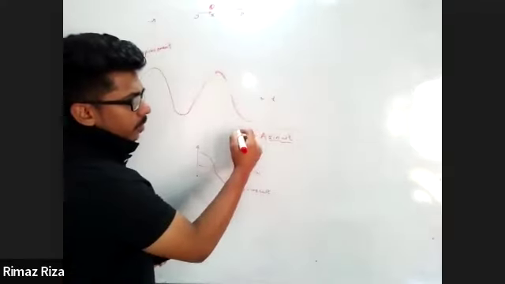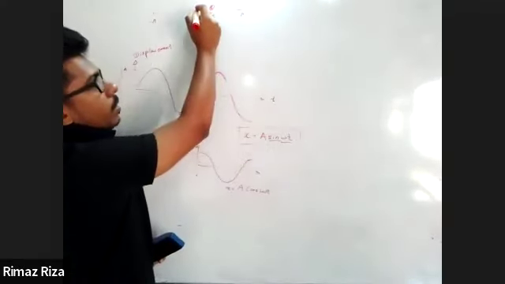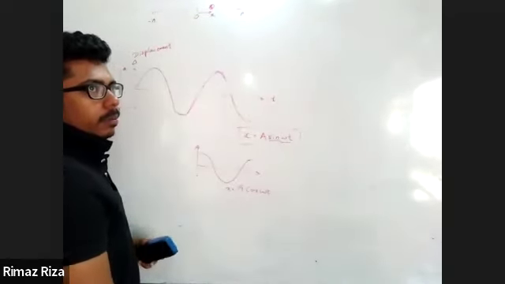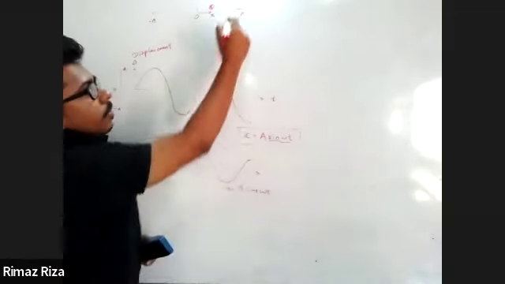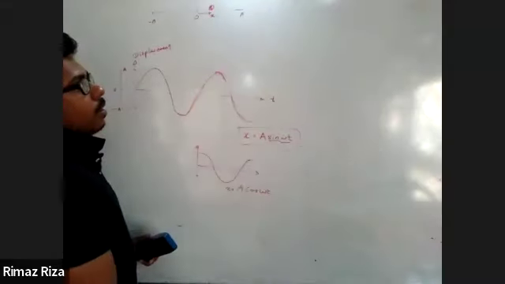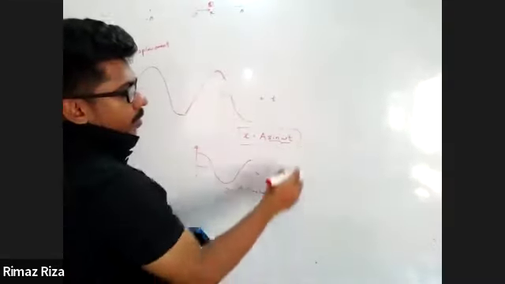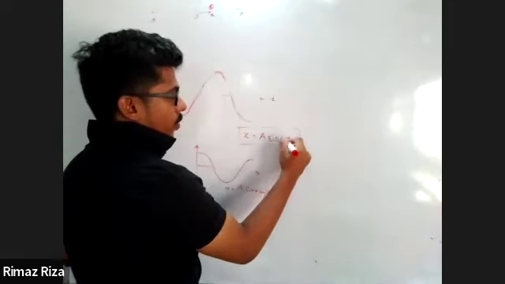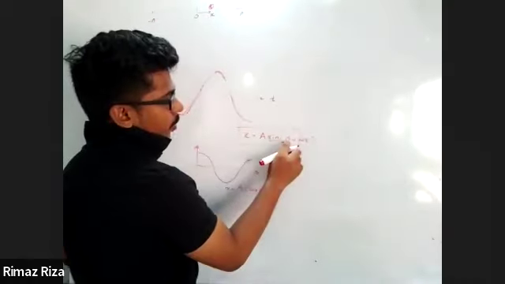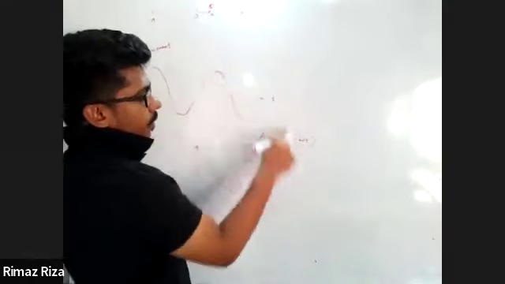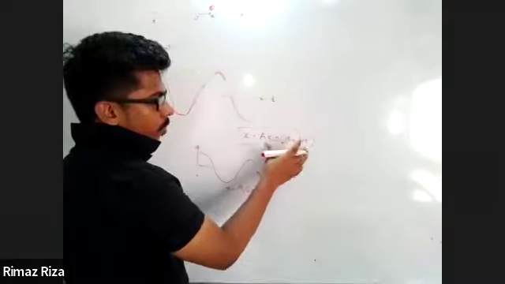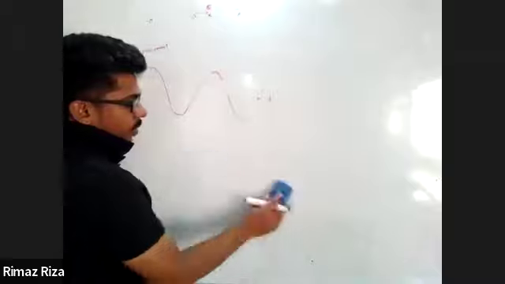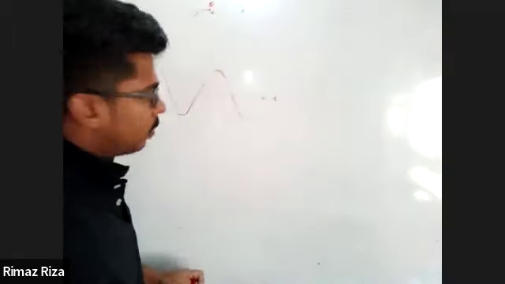But in the physics syllabus, we only consider the scenario where we start the motion at the center point. But there might be a chance where they will ask, what if you start the time from here? Then you have an extra phase, sin of phi plus omega t, where that extra phase is equal to pi over 2. Then if you put pi over 2, that formula changes to cos omega t. We will be discussing more about this next week probably.